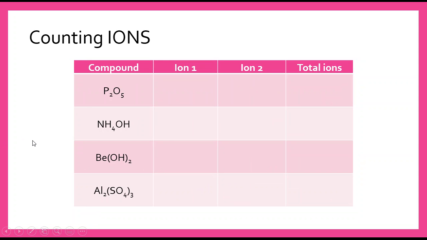Now let's talk about ions, counting the ions in there. Now looking at your first compound, are there any ions for P2O5? No. What type of compound is P2O5?